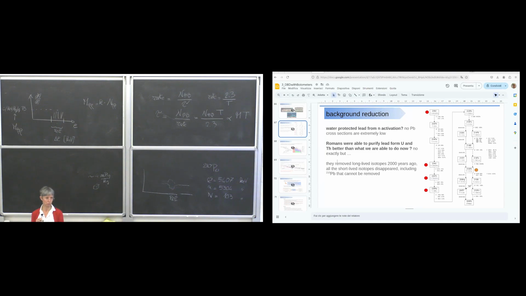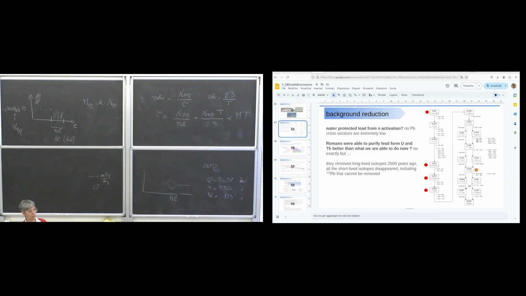I don't know if it was produced there. That was very clean. That means the radioactivity was 5 becquerel per kilogram. But then the mine was closed because probably it was no longer producing lead. And so now the radioactivity of the commercial lead is a bit higher.